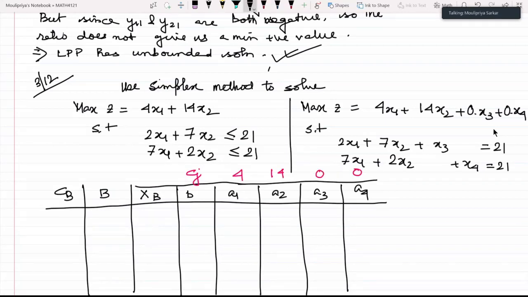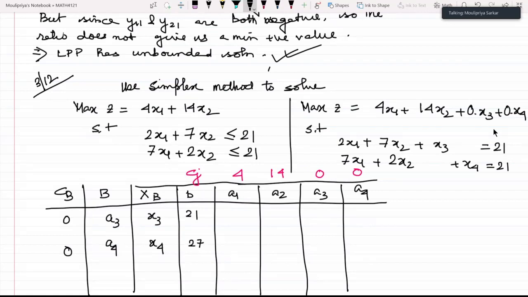What are your initial basic variables? Initial basic vectors are A3 and A4. Their corresponding cost parameters are 0, 0. B, 21 each.